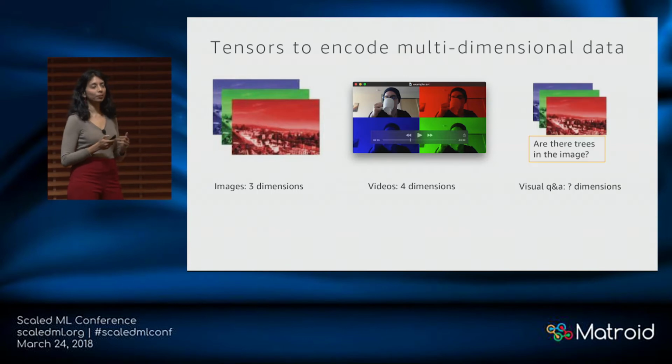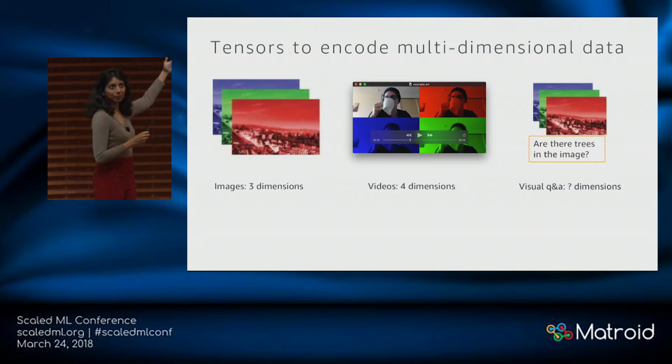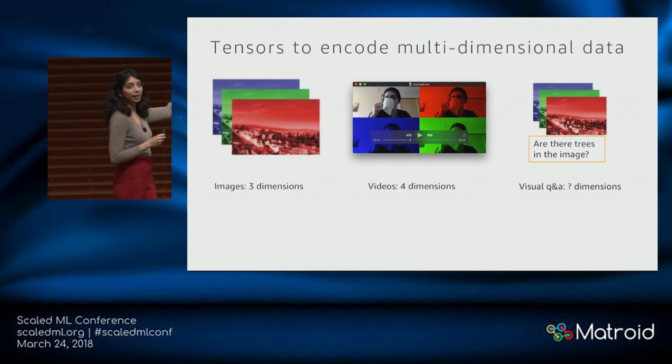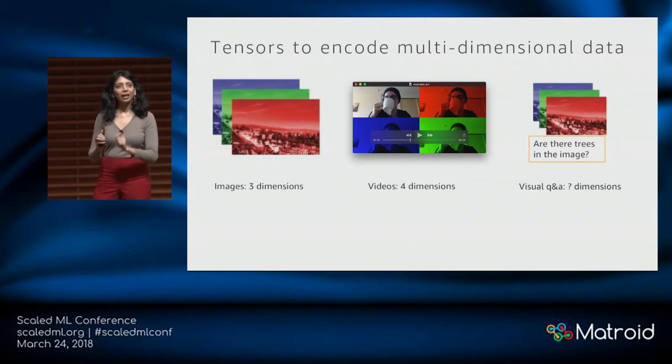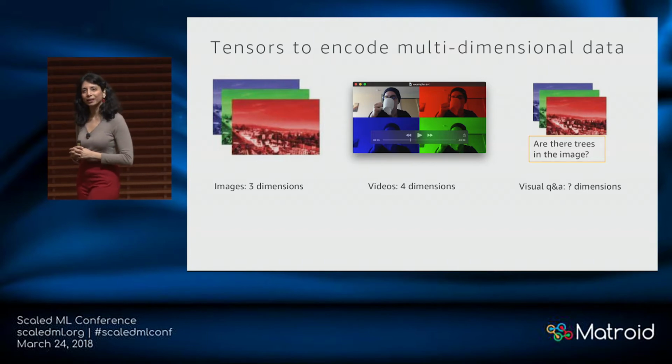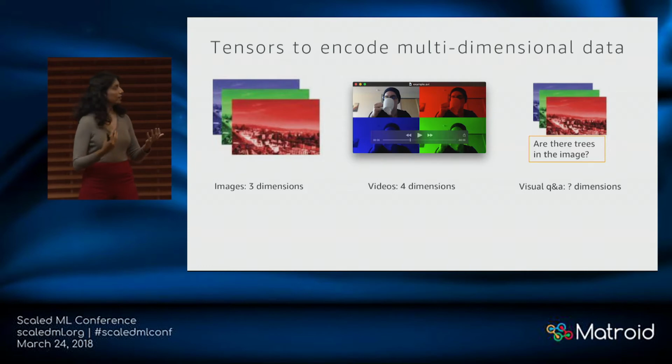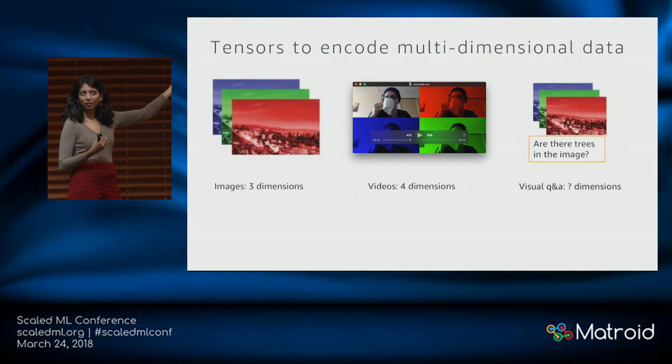Now you could similarly think of data with multiple modalities. You not only have images, but you also have text. An example application is visual question answering. The input is both an image and a question, and based on that, you have to come up with an answer. So in this case, what are even the dimensions in the data, right? That depends on how we encode the text. Do we encode the text in terms of characters? Do we encode the text in terms of vocabulary?